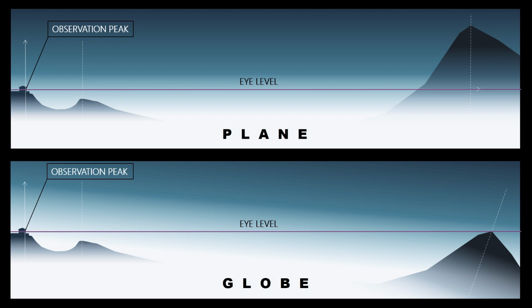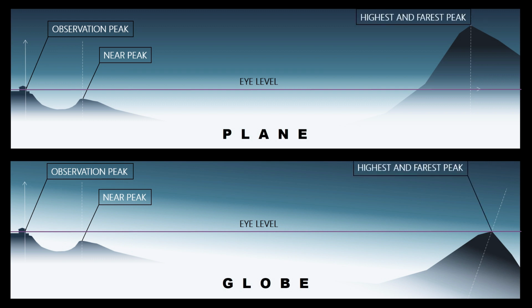Then, we must have a nearby peak that is slightly smaller than the observation point. And finally, another distant peak in the background that will be higher than the observation point. This is exactly the scenario we have in Hawaii.